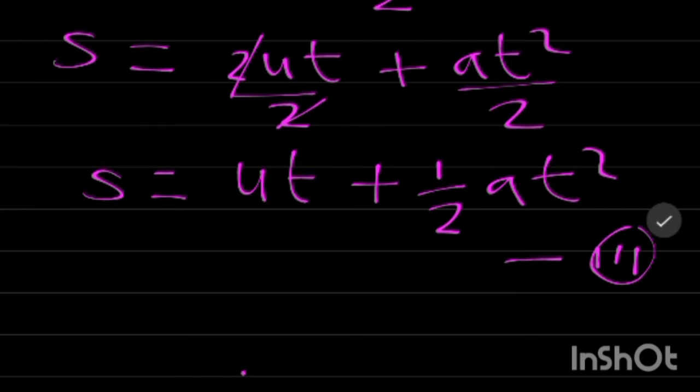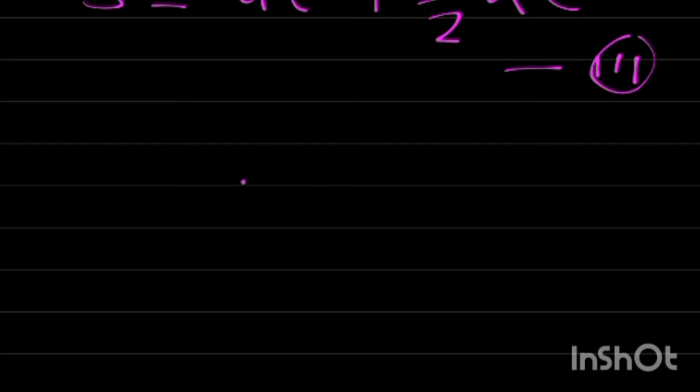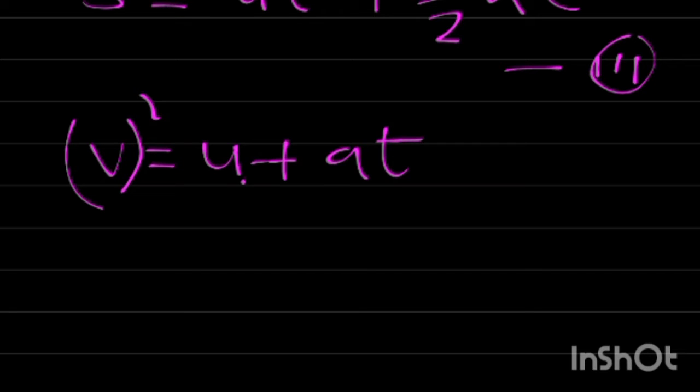Equation 3 gotten, and then the last but not the least is going to be gotten from equation 2. Equation 2 is written as V is equal to what? U plus AT. What we are going to do to this equation 2, we are going to square both sides of equation 2. Squared and squared.